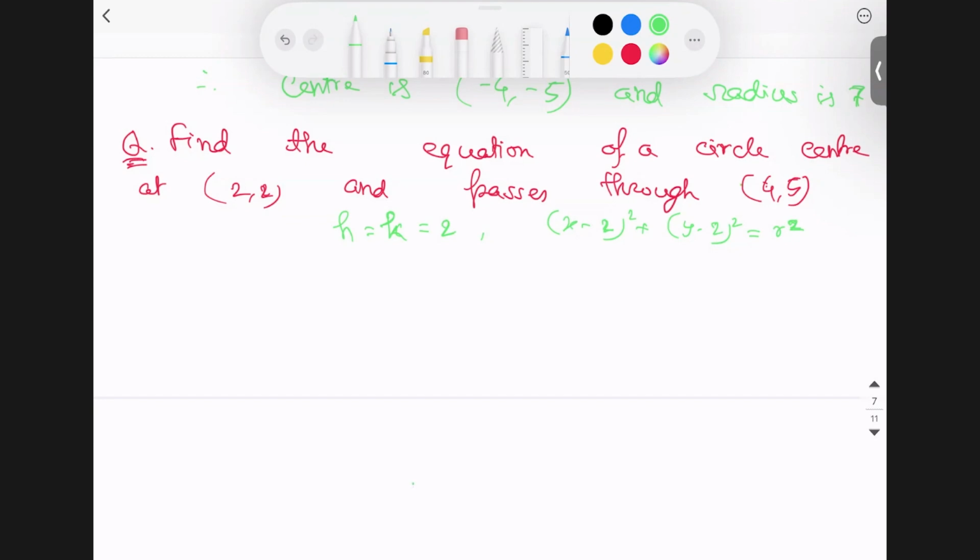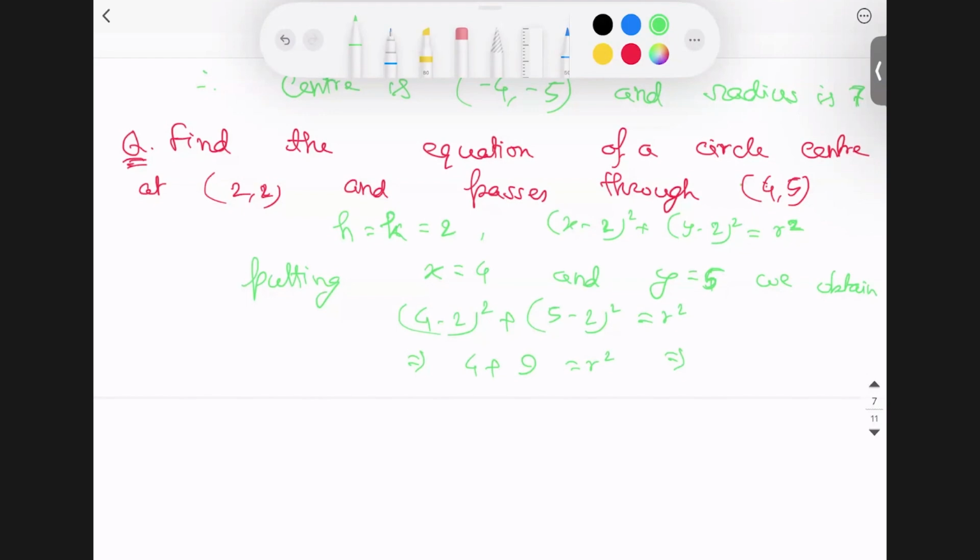So putting x equals 4 and y equals 5, you obtain (4 minus 2) whole square plus (5 minus 2) whole square is equal to r square, 4 plus 9 is equal to r square.